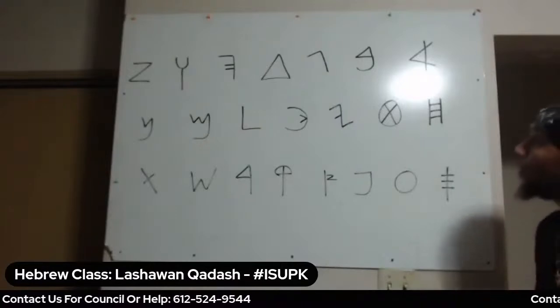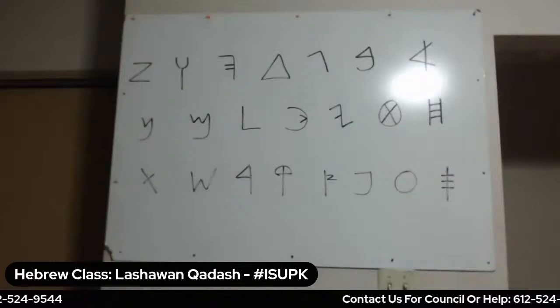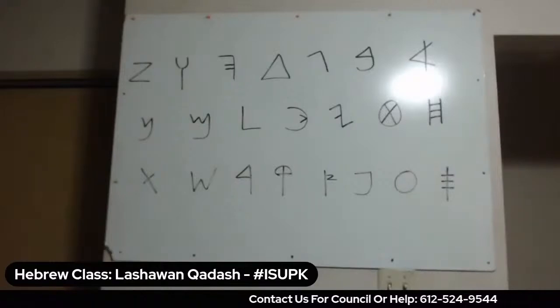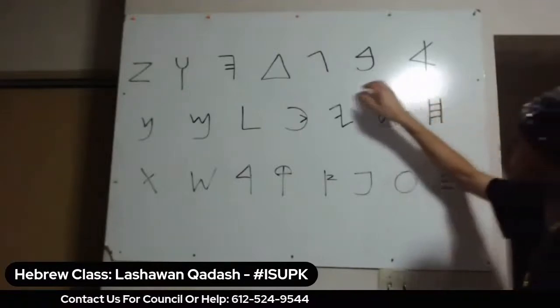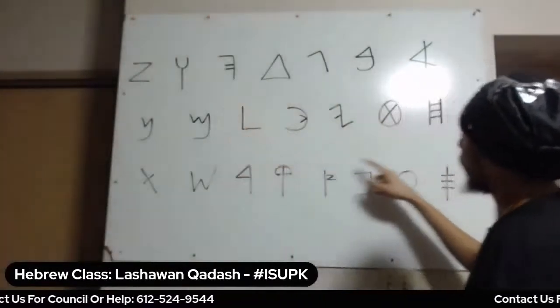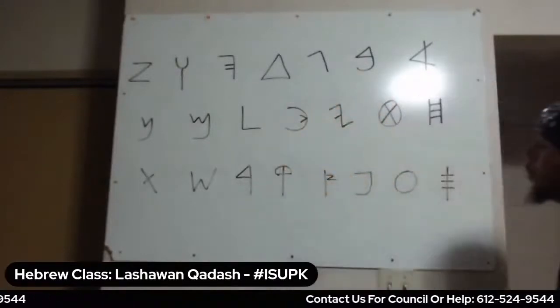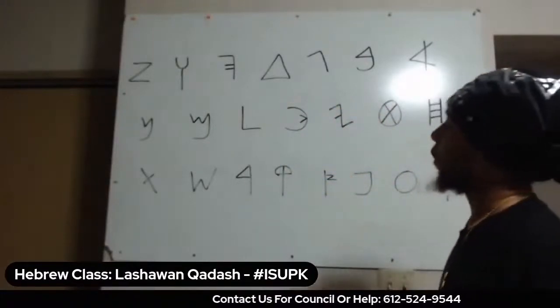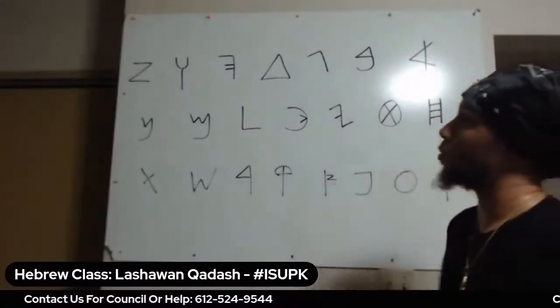We are 12 tribes under one nation, which is the nation of Israel. Let's get to it. When we get into each letter, we are going to have examples of the letters as well, so you know how to pronounce and say it in Hebrew, just to give you some examples and some visuals.